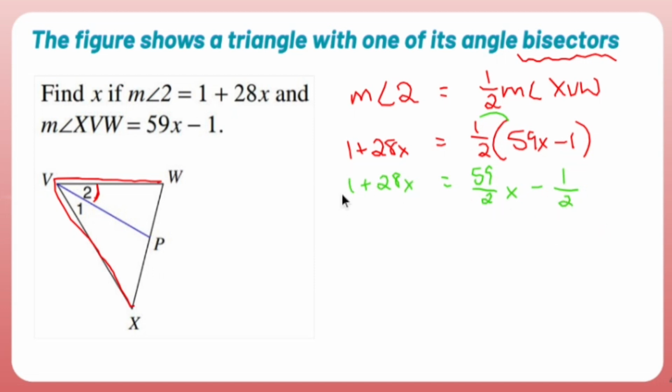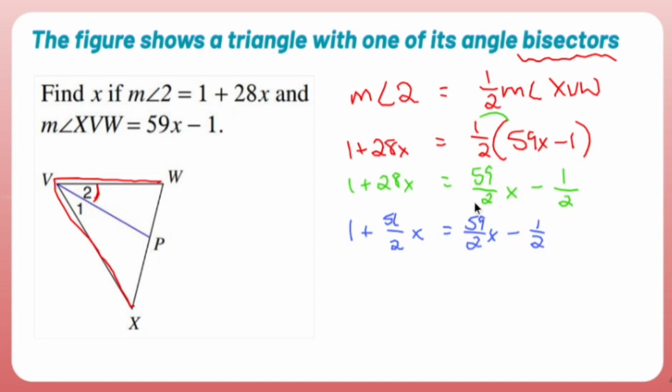Since my next step is to subtract 59 over 2x, I'm going to turn 28 into something over 2. I multiply 28 by 2, which is 56, so I have 56 over 2x. Let's drop down the 1, drop down the equals 59 over 2x minus a half.